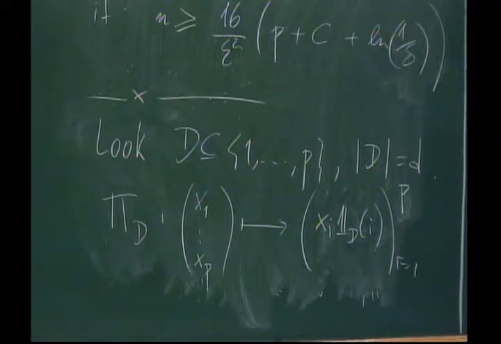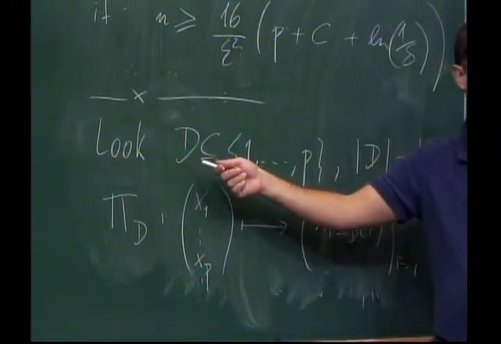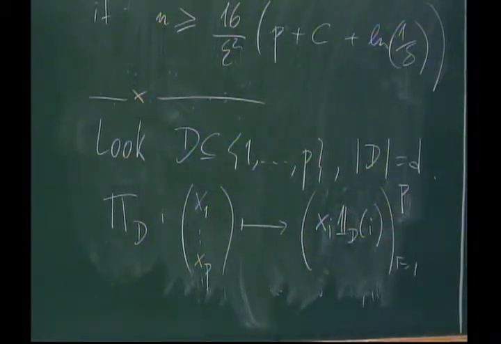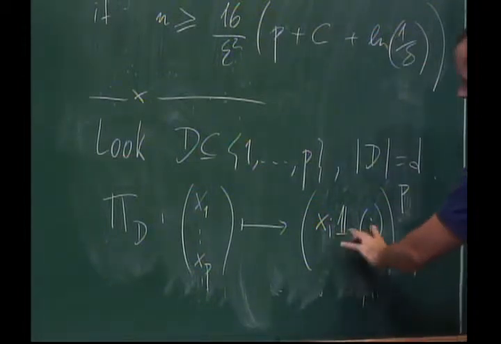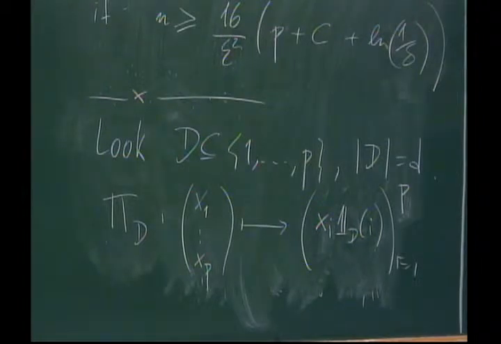You're taking the span of the canonical basis vectors indexed by D, and you're projecting onto that span. It's just the orthogonal projection. And because you're using the canonical basis, the transformation here is given by a diagonal matrix.